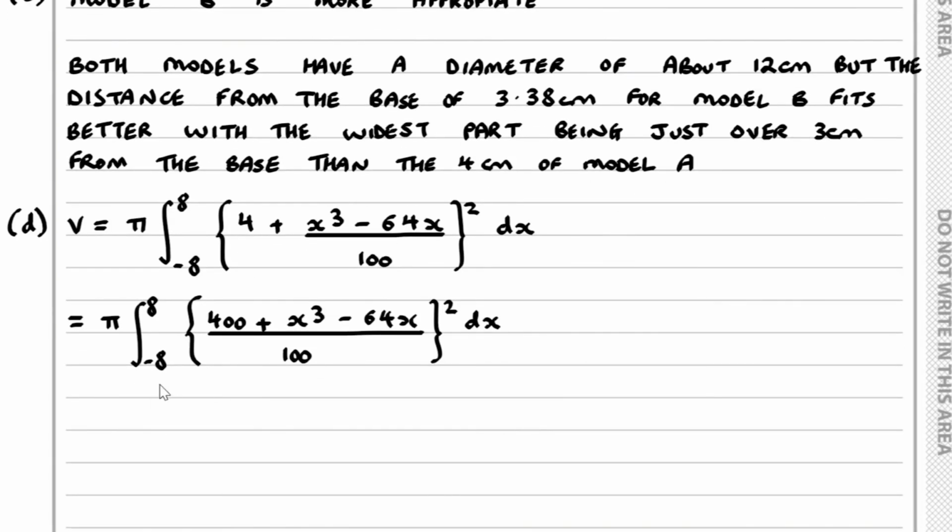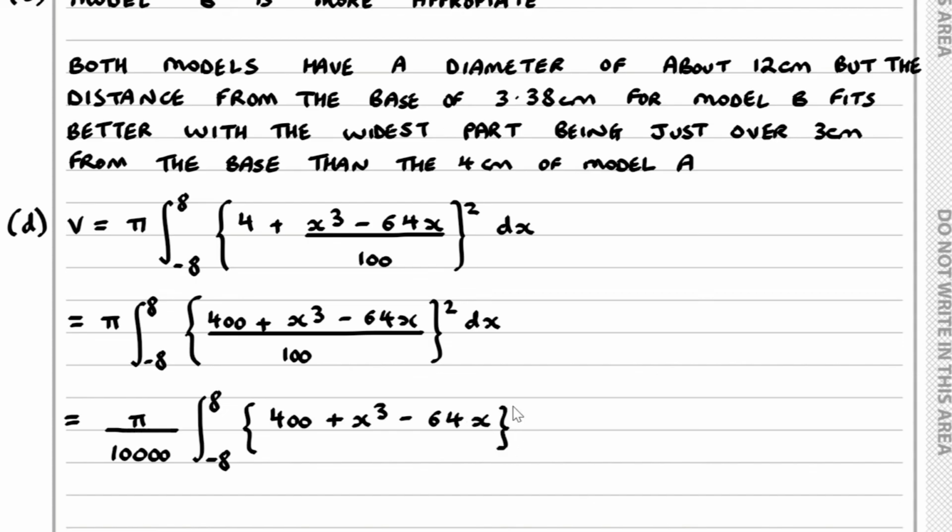And if I take out a 100 squared as a factor, well 100 squared, that's the same as 10,000, so I've got pi over 10,000 times integral from minus 8 to 8, and here I have 400 plus x cubed minus 64x squared dx.